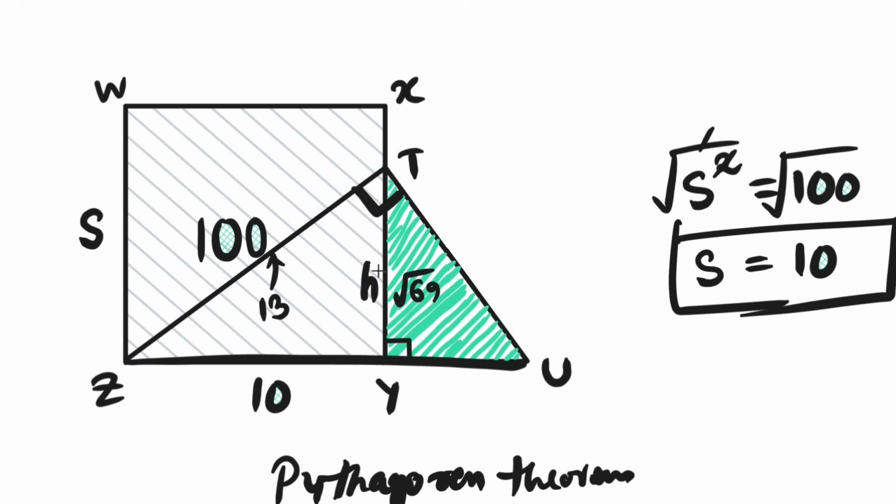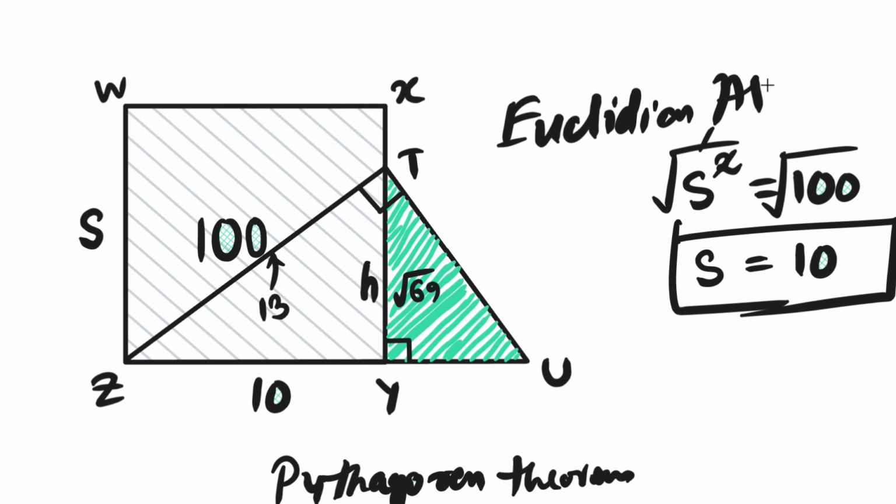Since Y lies on segment ZU, the perpendicular segment YT divides the hypotenuse into two smaller pieces, namely ZY and YU. This gives us a very useful relationship known as the geometric mean theorem, or the Euclidean altitude theorem.